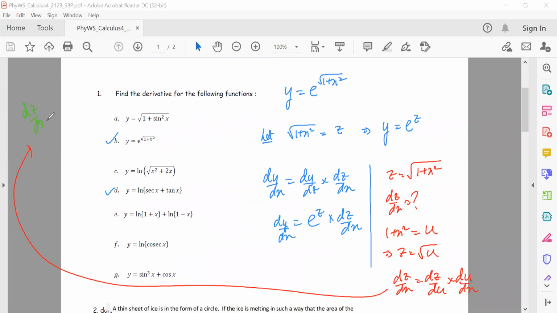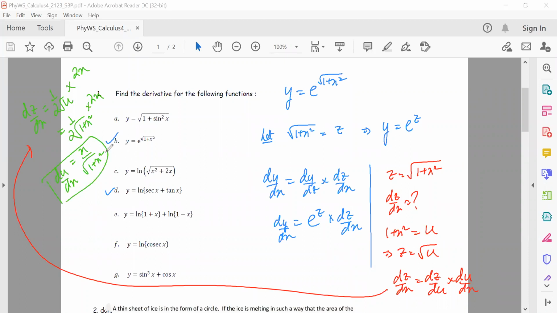Now z is square root of u, so its differentiation is 1 by 2 root u. And u is 1 plus x square, so its differentiation is 2x. So that becomes 1 by 2 square root of 1 plus x square into 2x. So that becomes x upon square root of 1 plus x square. So that is my dz by dx.